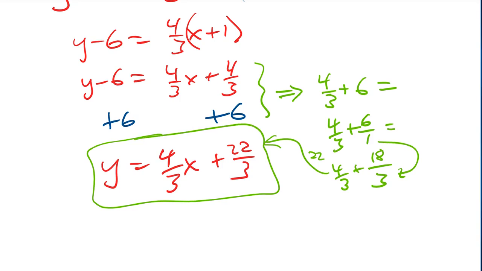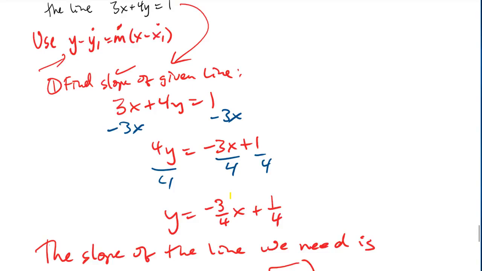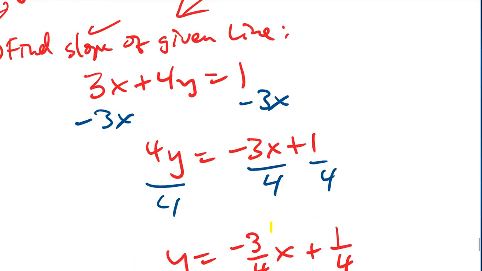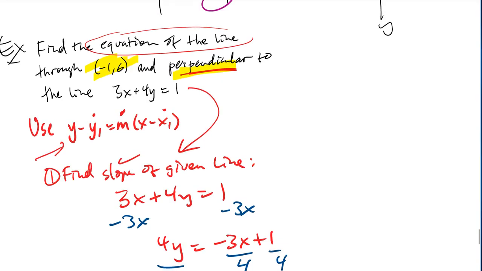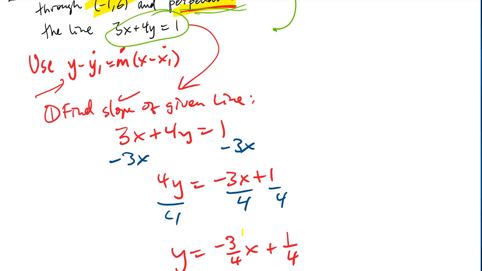equation underlined. Now, one common mistake in these problems is the following. I see it all the time. It says find the equation of the line through the point and perpendicular to this guy right here, and you're supposed to find the slope. So there's a common mistake where the student will say the slope is 3.